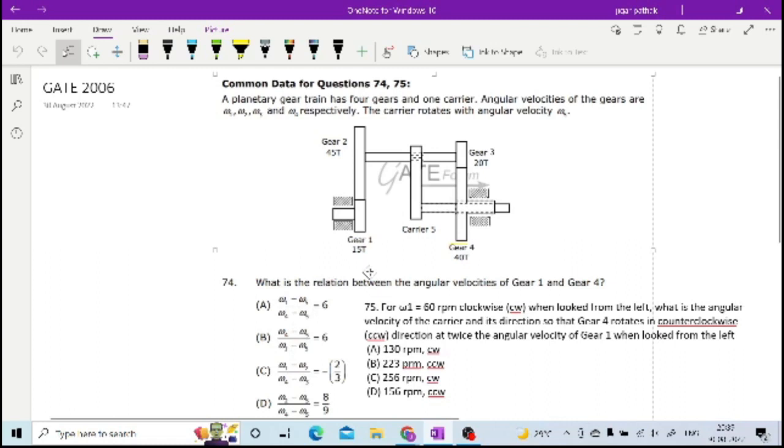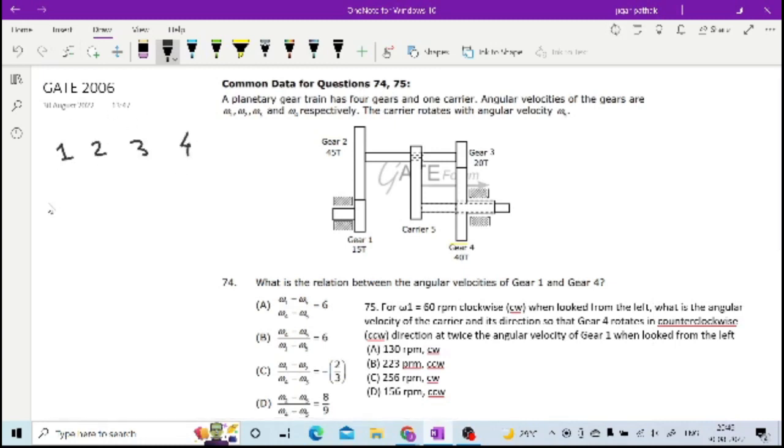So what you have to do is prepare a table with gears 1, 2, 3 and 4, write the number of teeth of gears 1, 2, 3, 4 in your table, and then start making the speeds as we have done for the previous example.